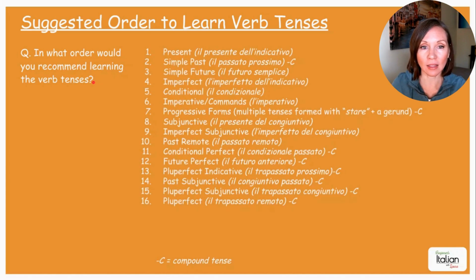Here's what I think. You should start with the first few. In this order is my recommendation, starting with the present and then go to the simple past, which is a compound tense, and then the simple future, the imperfect, and then the conditional.